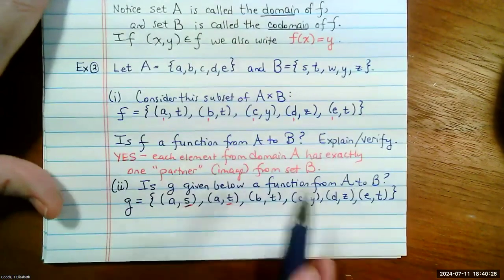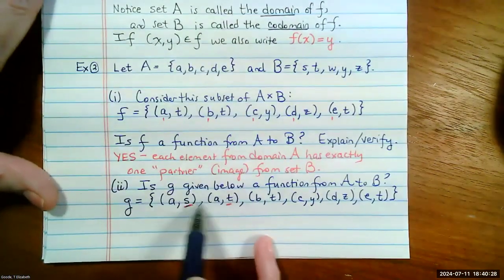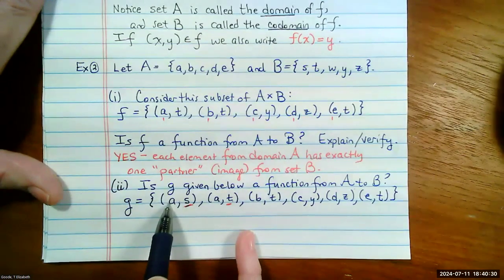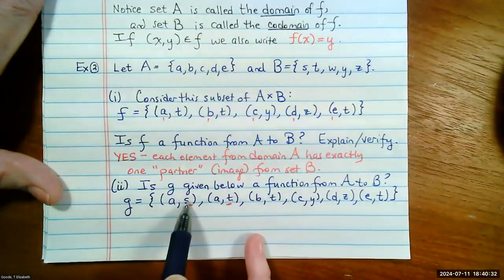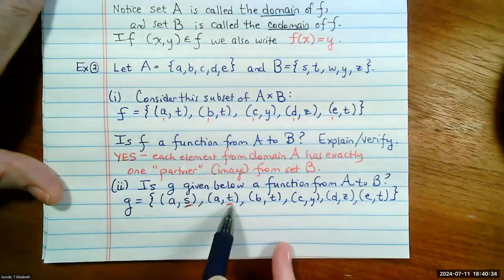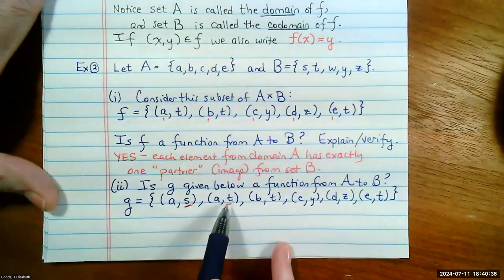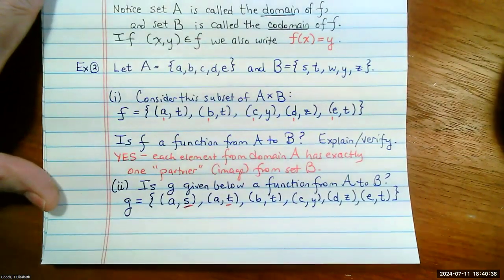Well, that's what I'm trying to show you here. This is not a function because this a has two different images, two different partners, and that's not what a function can do.